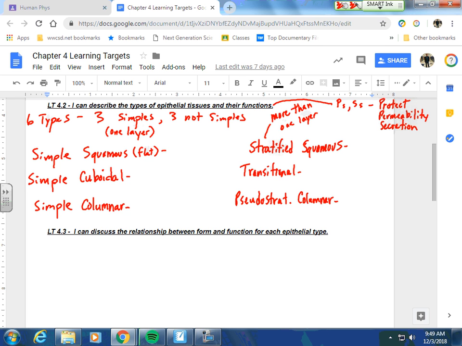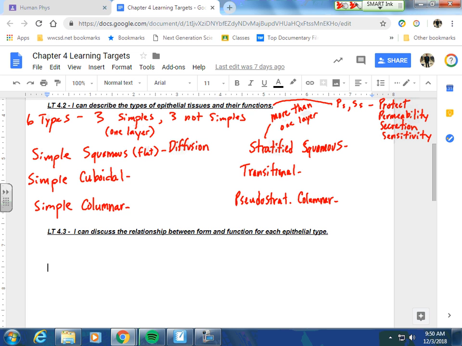That kind of goes in 4.3. What about the other S? Any idea? Sensitivity. All right, so simple squamous, that's our good permeability one. And I'm going to write down diffusion.